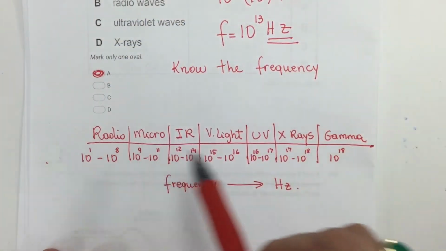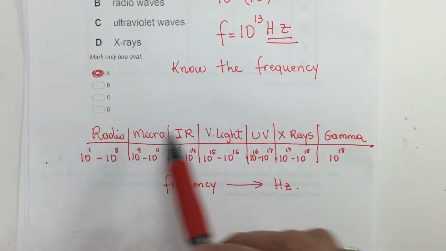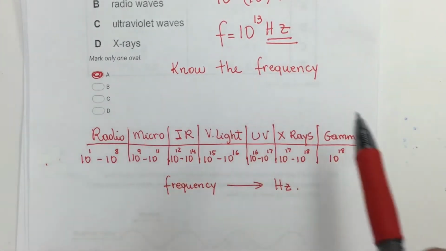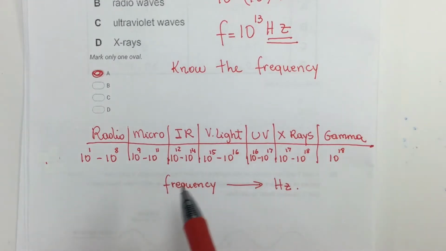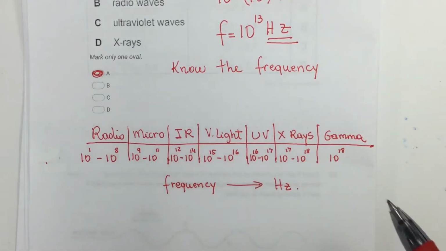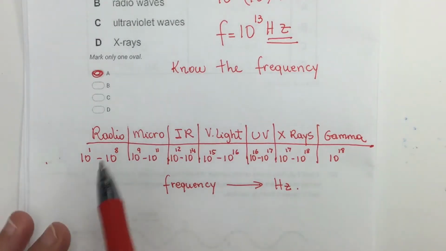Okay, so this is a summary of the EM wave spectrum from radio waves to gamma rays, and this is the frequency in numerical order just by power of 10 exponents.